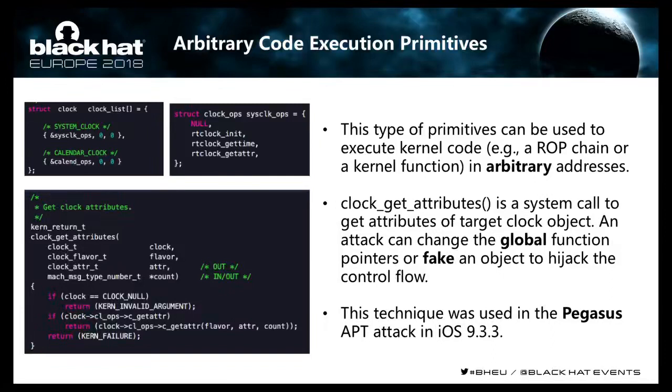However, an attacker can change the global function pointers or just fake an object to hijack the control flow to achieve arbitrary code execution. This technique was used in the Pegasus APT attack in iOS 9.3.3.